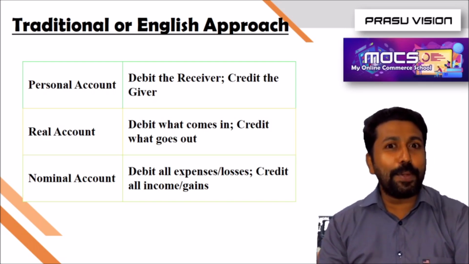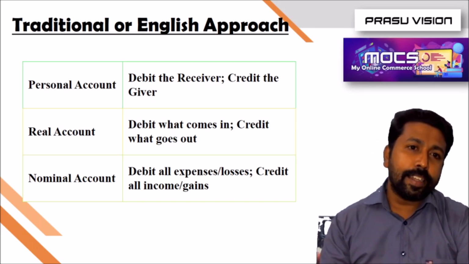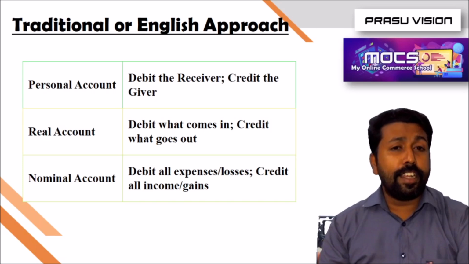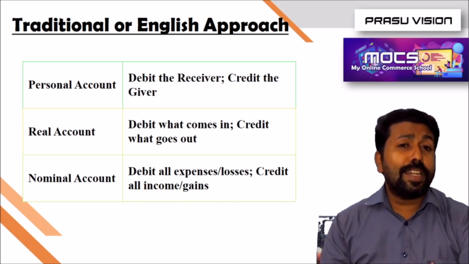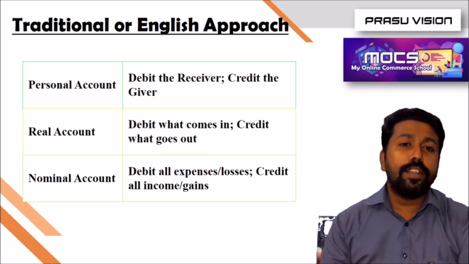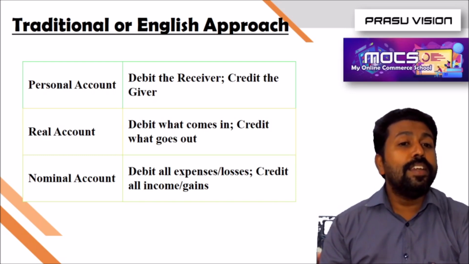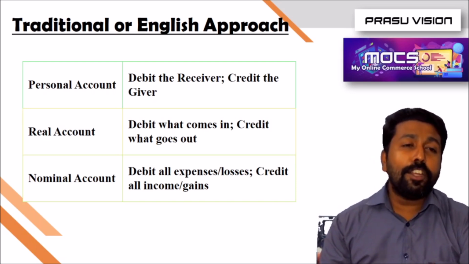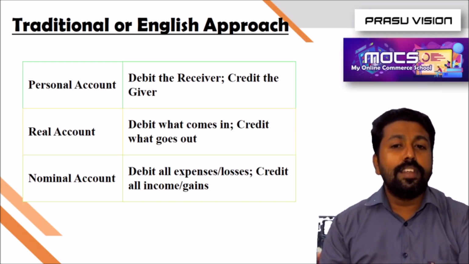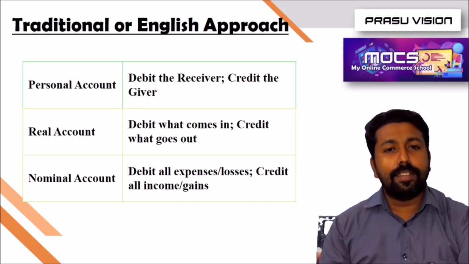You can create a poem also: debit the receiver, credit the giver. And real account: debit what comes in, credit what goes out. Nominal account: debit all expenses and losses, credit all incomes and gains.